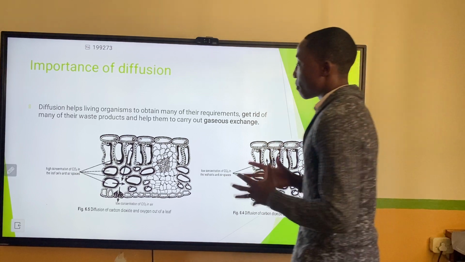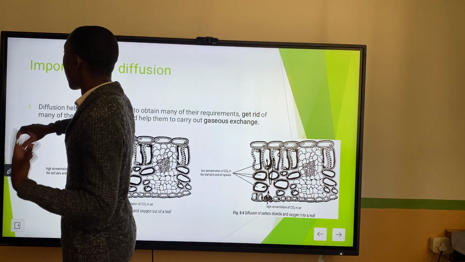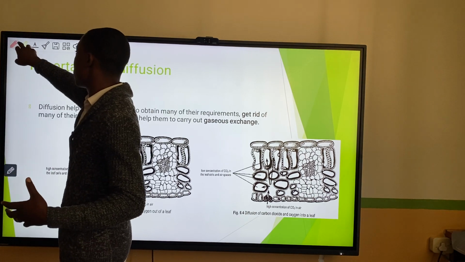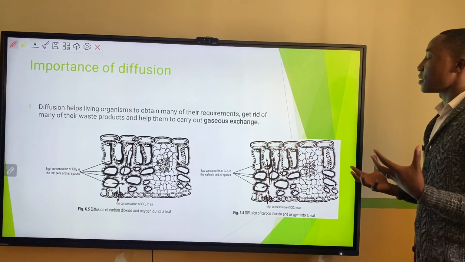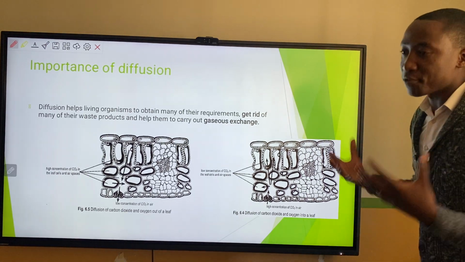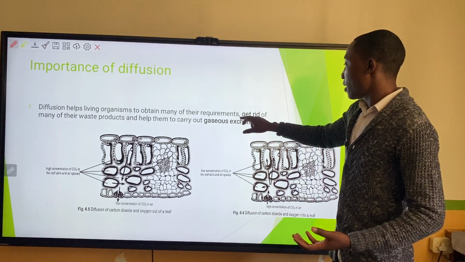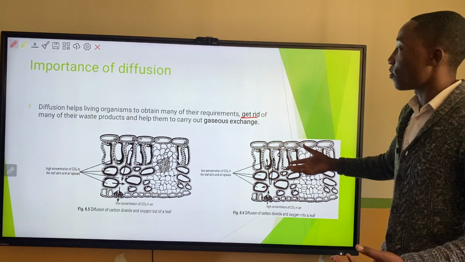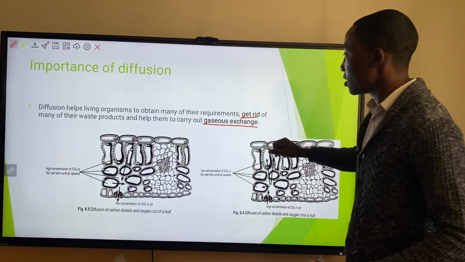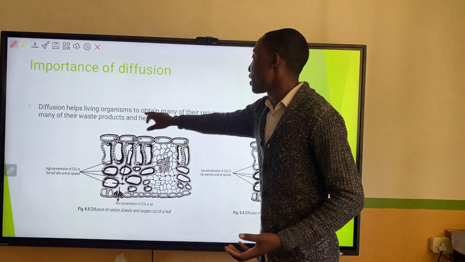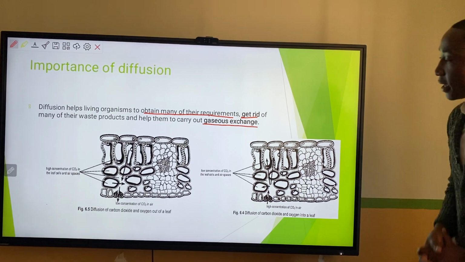So the importance of why, because we're talking about biology, talking about life, right? Why is diffusion important to living organisms? With diffusion, it helps us to get rid of waste products. It helps us to carry out gases exchange, and it also helps us to obtain many of the nutrients that are required for growth to continue taking place.